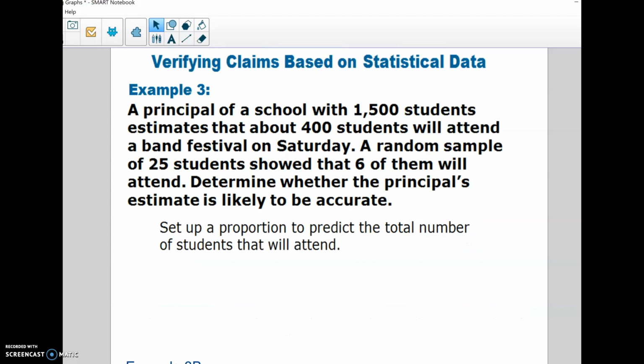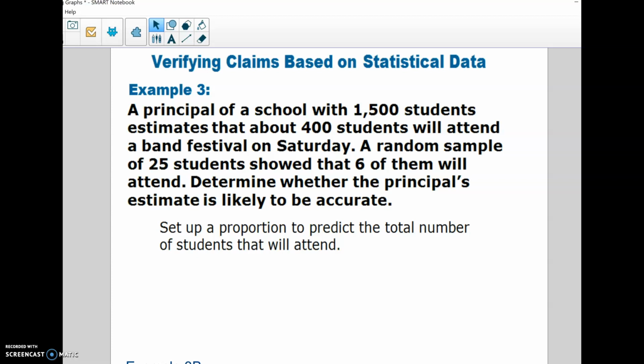Okay. Next is using math to verify claims. A principal with 1,500 students estimates that about 400 students will attend a band festival on Saturday. A random sample of 25 students showed that 6 of them will attend.